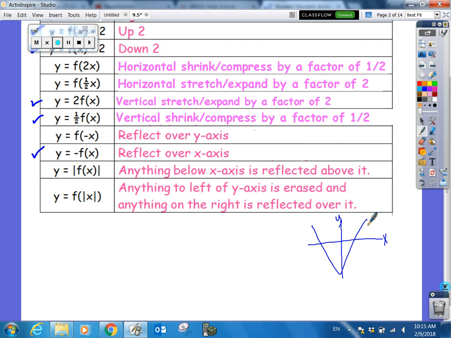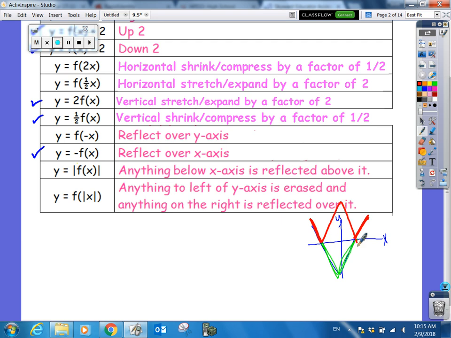So what this says right here, anything below the x-axis is reflected above it. So this is below the x-axis. If it's above the x-axis, it's already there, so that stays, but that green is reflected. It's not moved. This green triangle down here gets reflected up, so it looks like that.